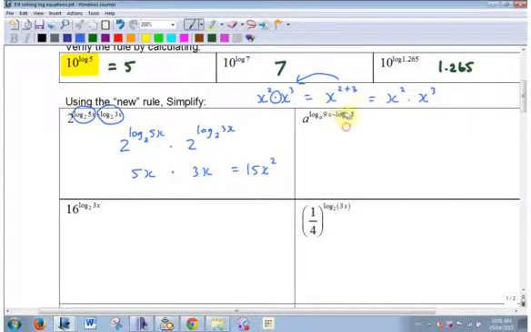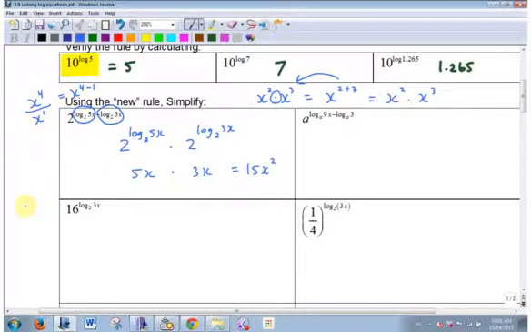What happens if they're subtracted? x to the 4 divided by x to the 1. What do I do there? That's exponents. I taught it in grade 10. It was called the quotient rule. And if you're dividing with the same base, what do you do with your exponents?